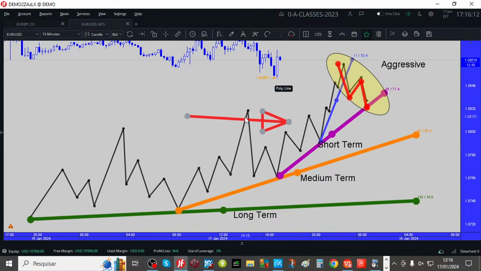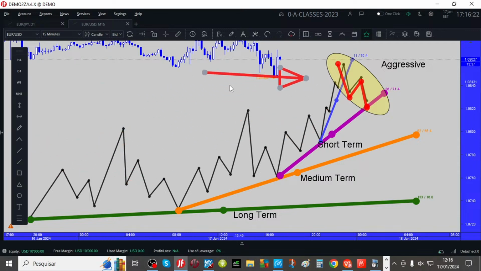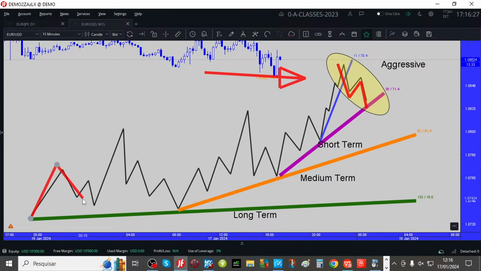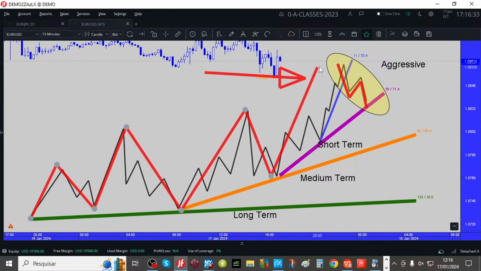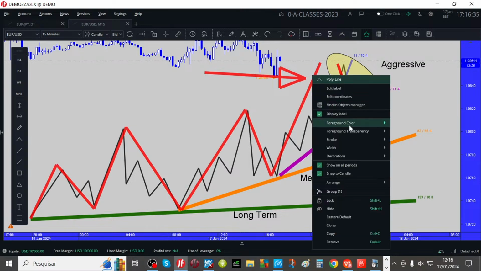Now the next issue we have here is how to connect, as Sandy was saying, relevant highs and lows. So should I connect this to this to this to this and that? This would be one way to connect.